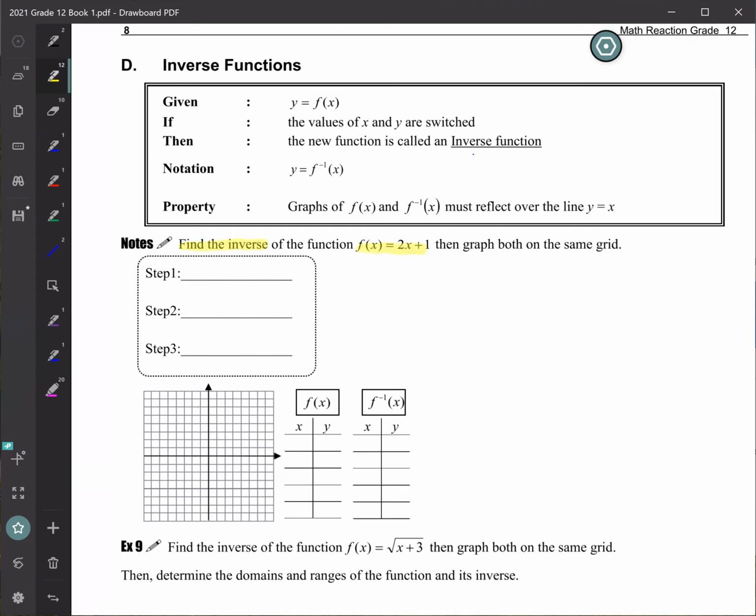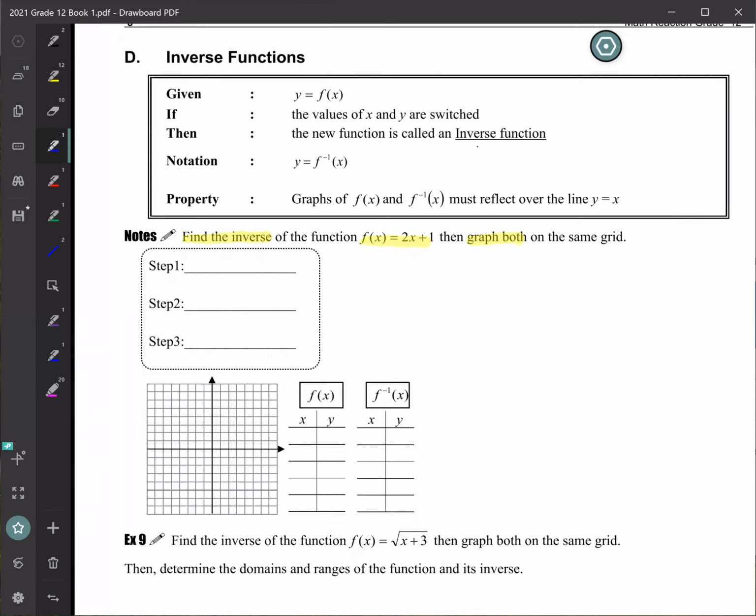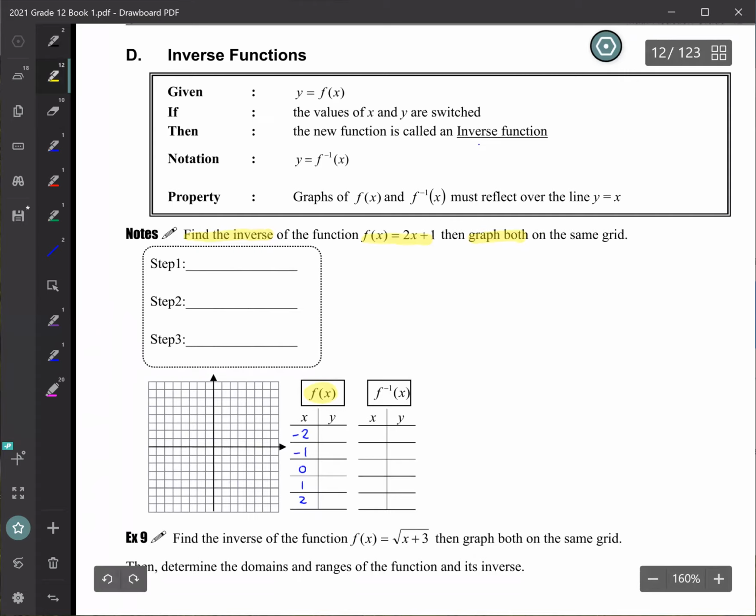We are going to graph both on the same grid. Right now we're just going to graph the f of x first. We'll choose some positive and negative points: -2, -1, 0, 1, 2. Right now we're on the table of values, so I'll let you fill this out. Raise your hand when you're done with the table.